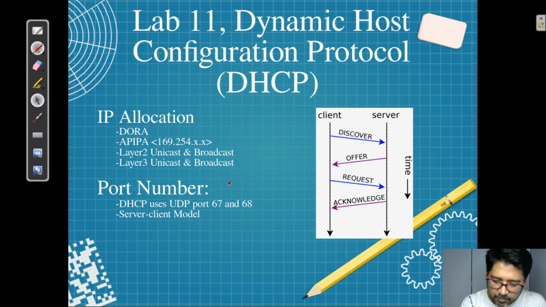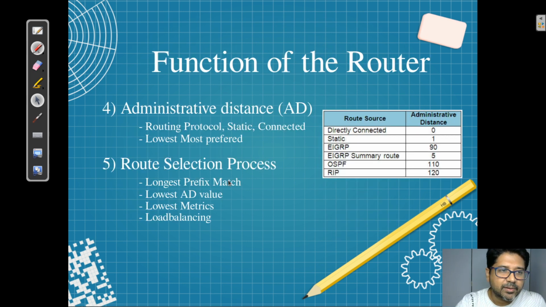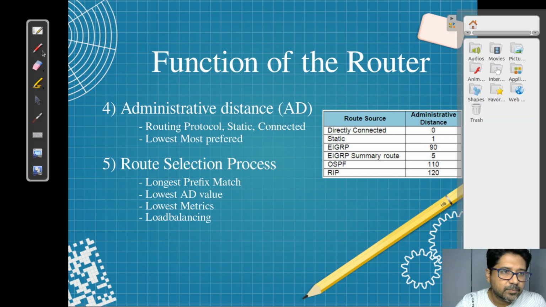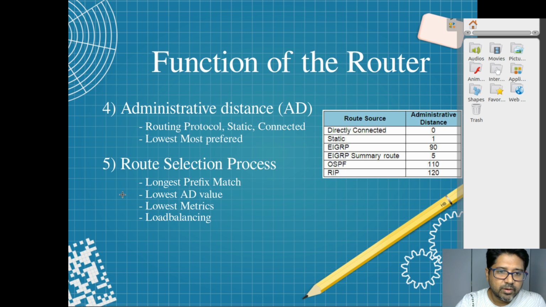All other protocols have different metric components. For example, EIGRP has its own composite metric, and we will do the lab on that in detail.